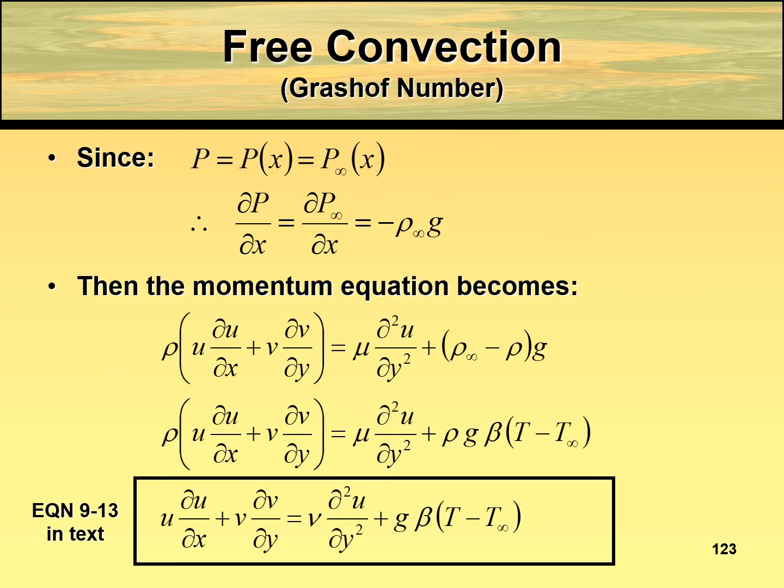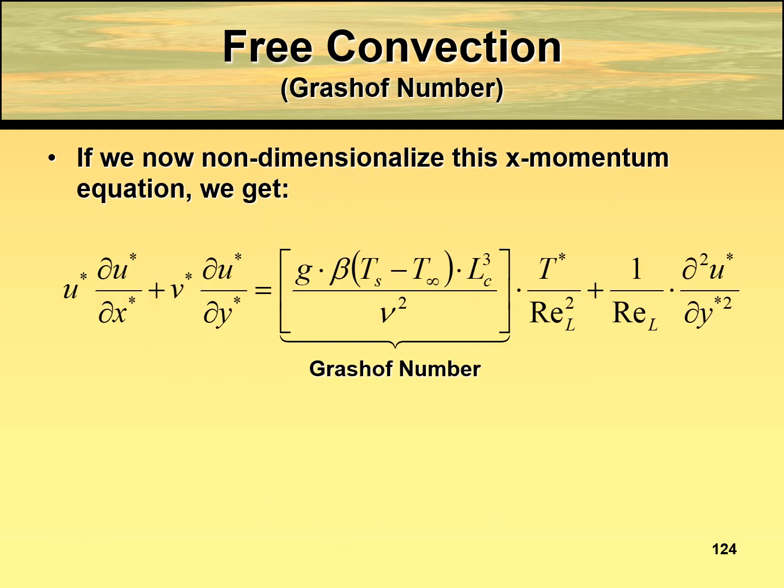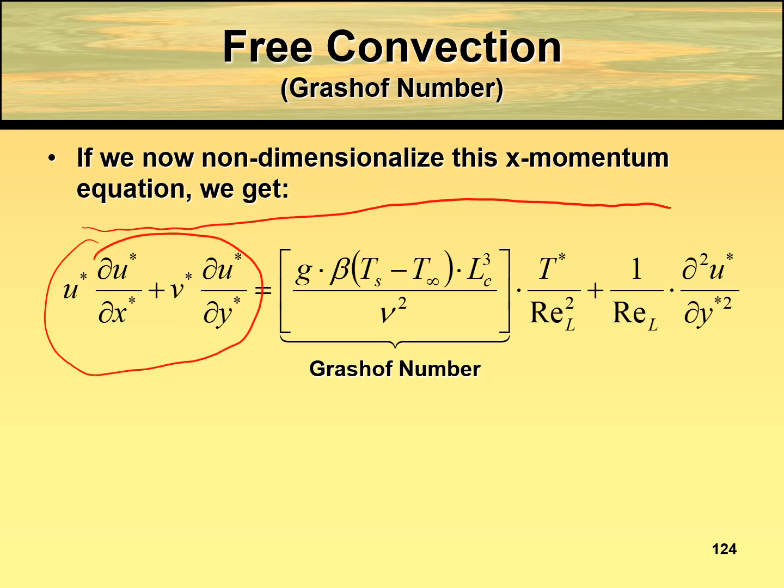Then we can combine the momentum equation with this equation and the expansion, where we have a non-dimensionalized x momentum equation with the velocity profile, and this gives you a new non-dimensional parameter known as the Grashof number.